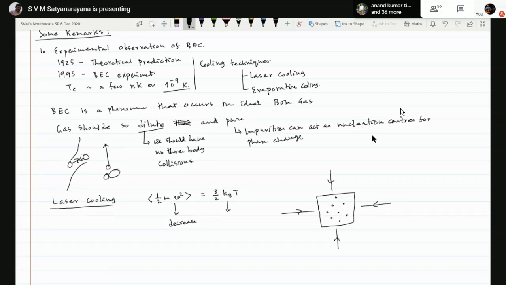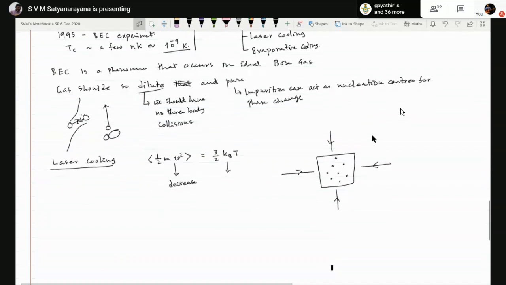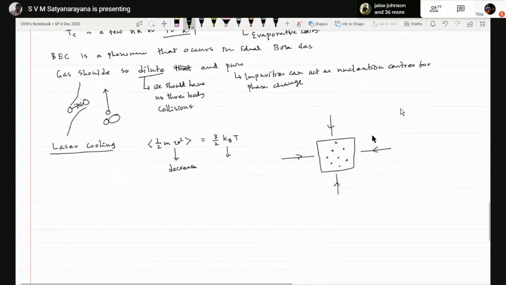So for that, what they use is the Doppler shift in the frequency.